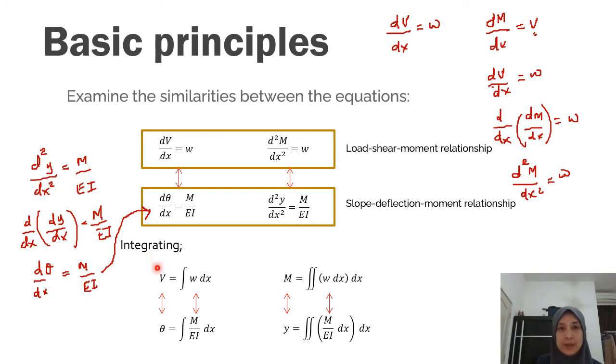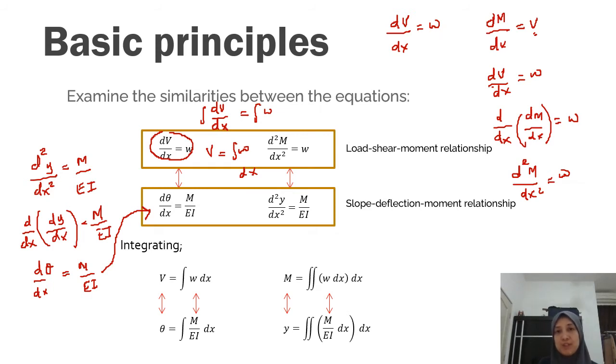Continuing, if you integrate your load, you will get your shear. This is coming from the first equation. This is my relationship for shear: dV over dx equals w. If I integrate both left and right with respect to x, I get V equals the integration of w dx.